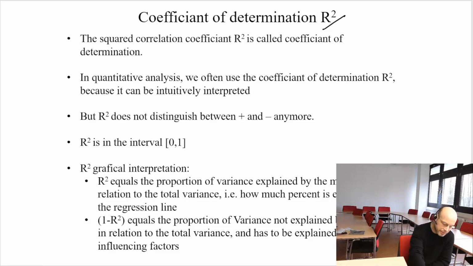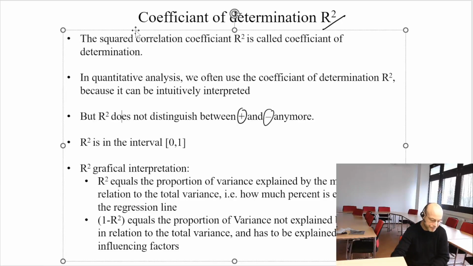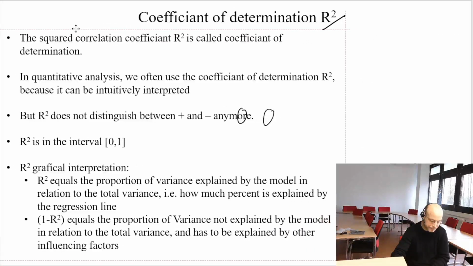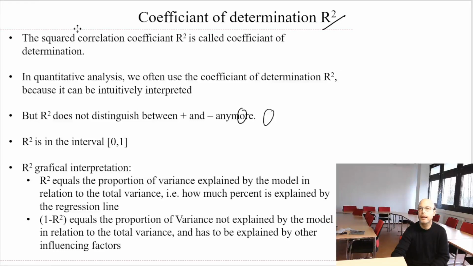But we have to keep in mind that the dependence on plus and minus is vanishing. But of course, if we know how our data looks, then we also know that we have a positive or negative dependence.